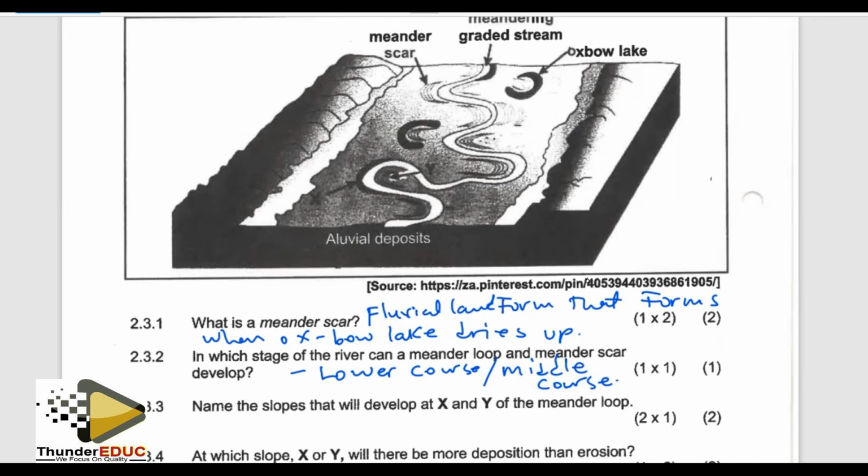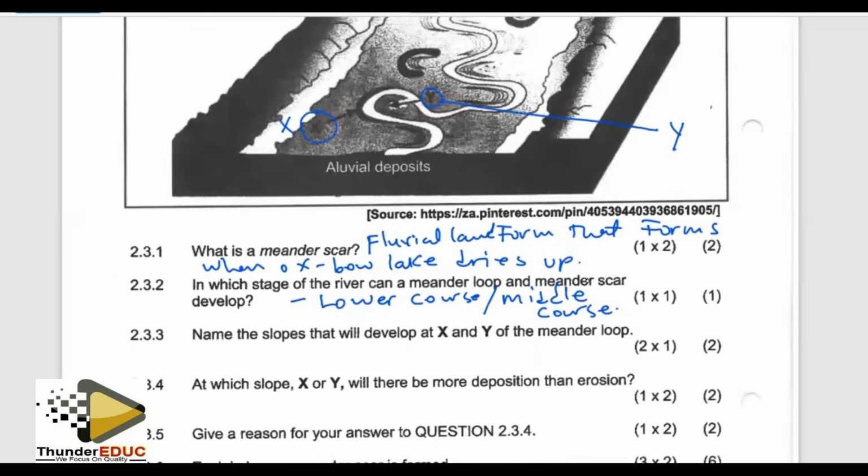2.3.3, name the slopes that will develop at X and Y of the meander loop. It's a bit dark, but this side is X and this side is Y. So at X will be the undercut slope.